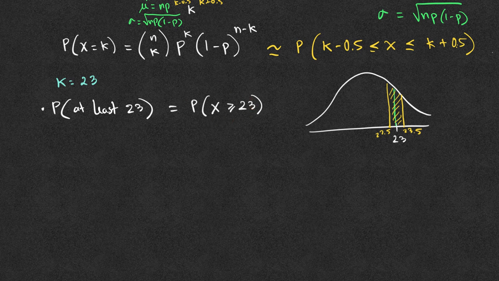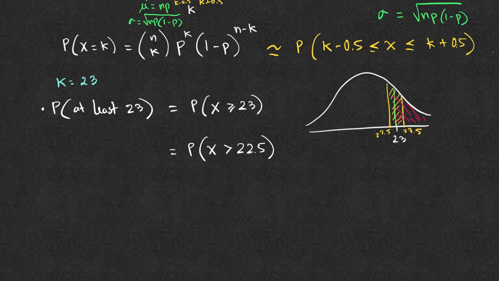The answer is yes, and we also need everything on the right-hand side of 23. So not only do we need to include 23, we also need to shade everything on the right-hand side of it. Since 23 is included, we are going to correct this as P of x greater than 22.5.